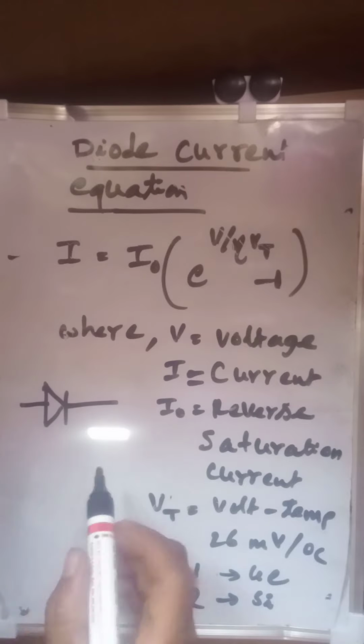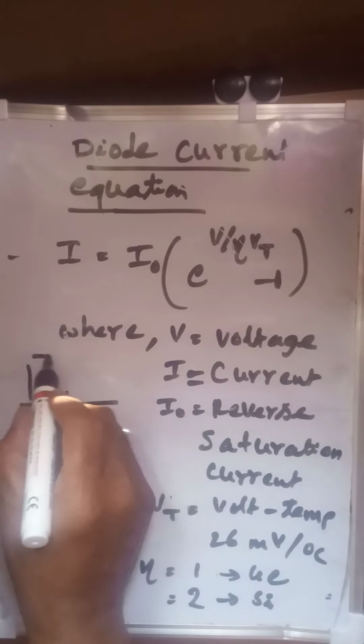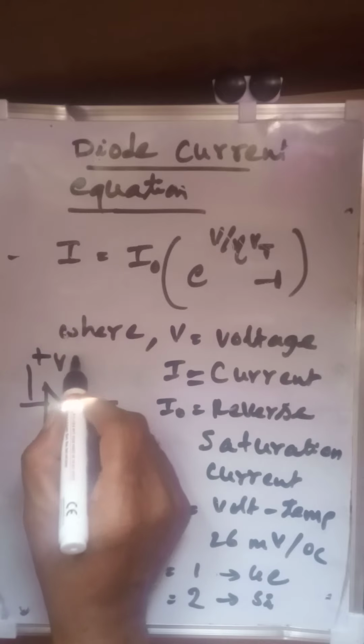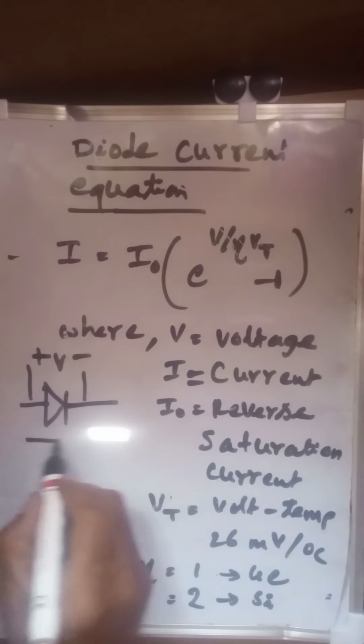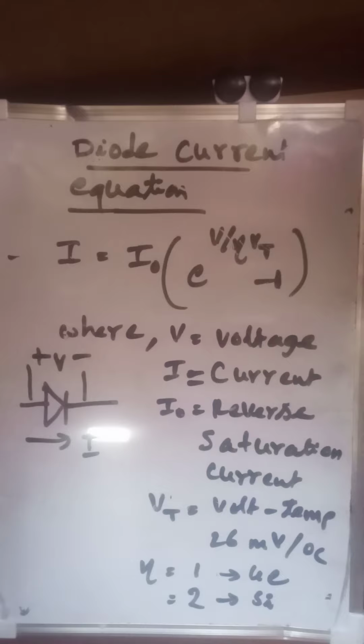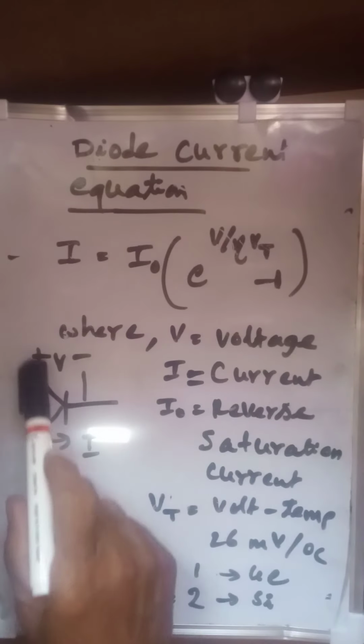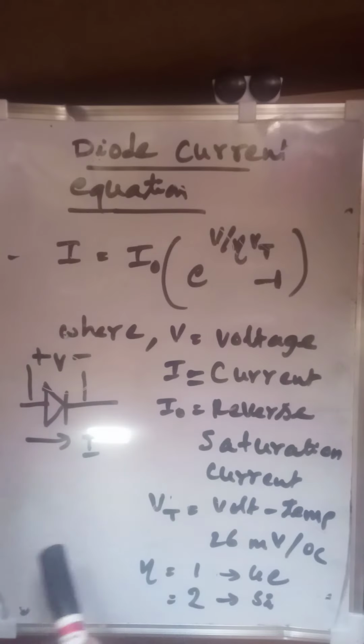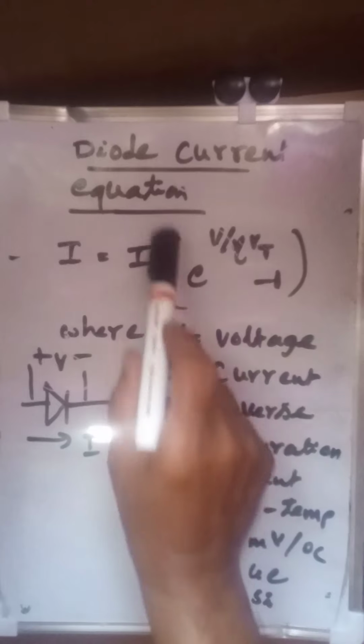Here V is the voltage applied across the diode, I is the current through the diode, and I naught is the reverse saturation current.